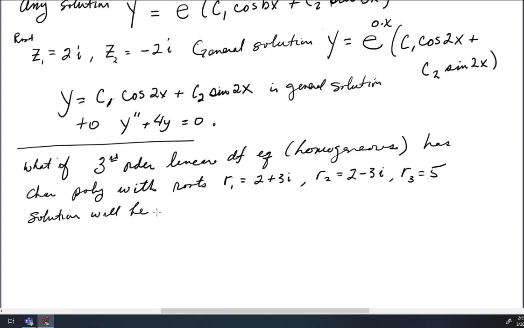will be, and this is all I'm trying to impart to you or share with you right now, is that we would use these roots and what we have already done, but you just keep adding on terms to the solution depending upon how many roots you have, like this would be y equal e to the 2x, c1 cosine 3x plus c2 sine 3x plus, now you see this term takes care of the complex conjugates.